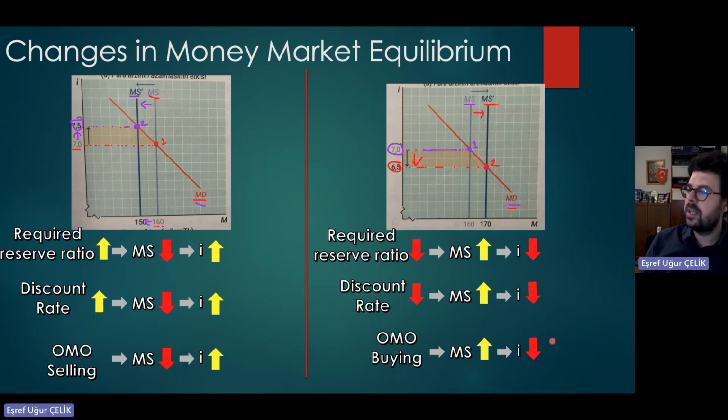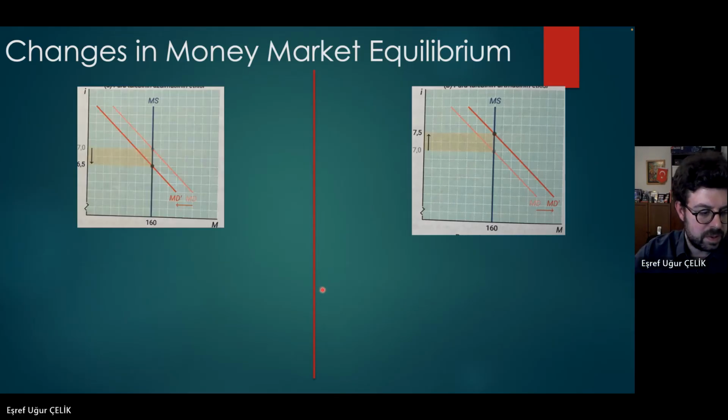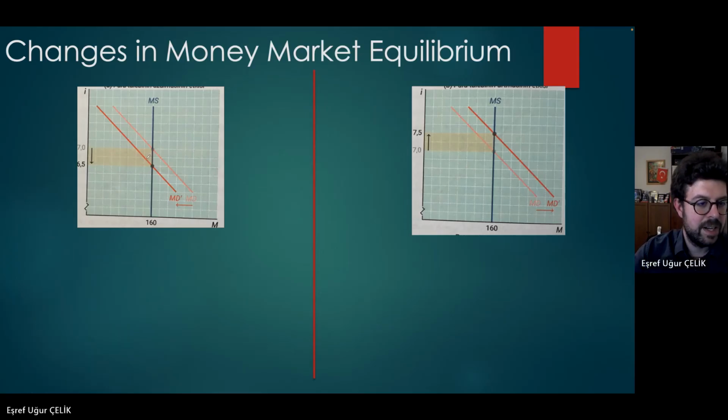And I think one more slide, the money demand part. Okay, let's determine the intersection point. Where is the first intersection point? That one. At the first intersection point, the interest rate is 7.